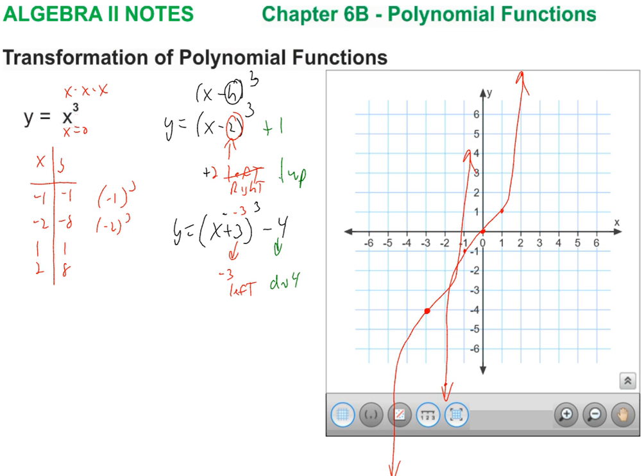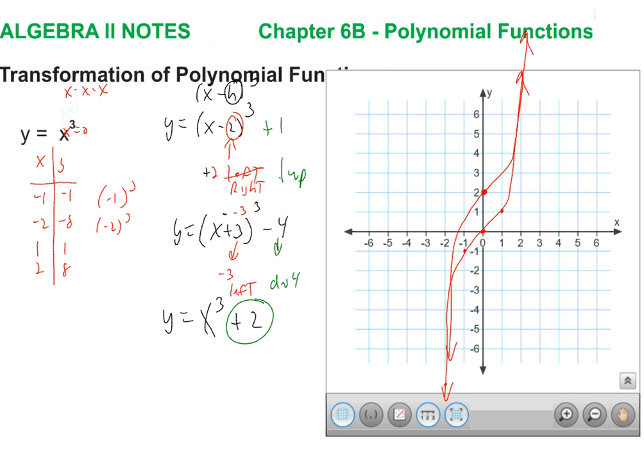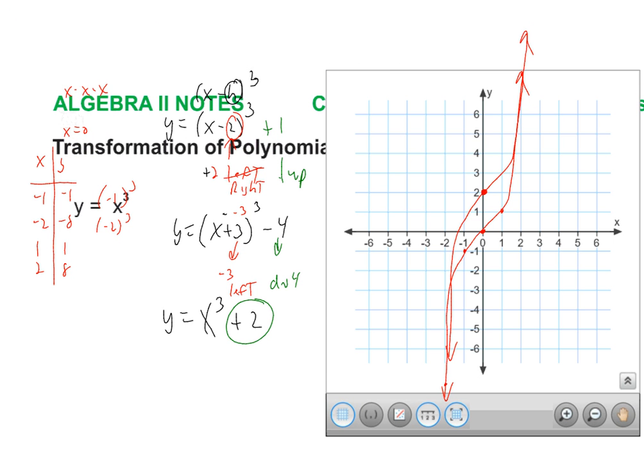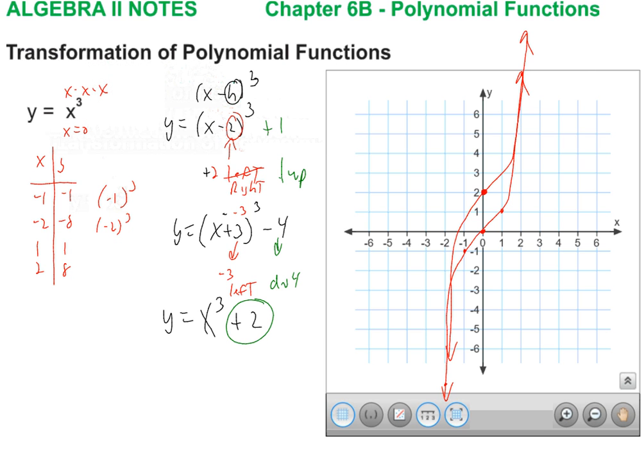Okay, transforming the function. Do one last quick one here. What if you simply had no h value? Well, there's no h, but there's a k. We're up 2, right? Take your basic function and go up 2. All right, you need to know that for your test, and I hope that you'll review your notes on all those transformations and also how to read the power of the function.